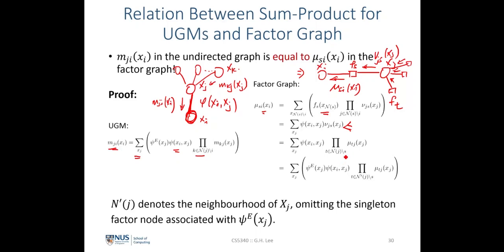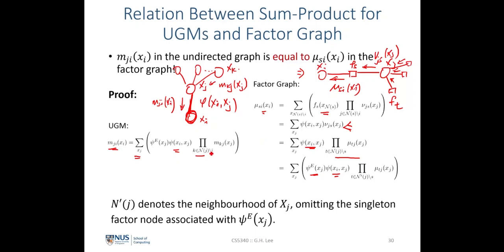We can see that now we can rewrite this term, the binary potential here, to include the evidence potential of xj, which we denote as xj with a superscript e, as well as the binary potential. And this would simply be defined as the same message that we have seen earlier, but defined over n prime, where n prime here denotes the neighborhood of xj, omitting the singleton factor associated with the evidence potential.